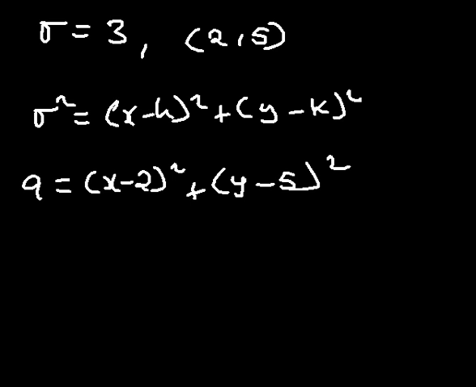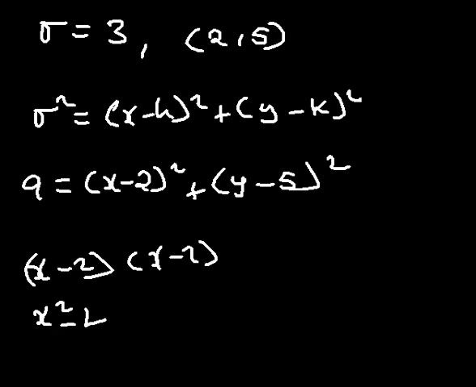Now let's think of simplifying this one further, and in its simplest form. As far as the algebra is concerned, we now have (x minus 2) times (x minus 2). What would be that one? Let's think of expanding. We'll have x squared, and that should be minus 2x, minus 2x again, giving minus 4x, and plus 4.